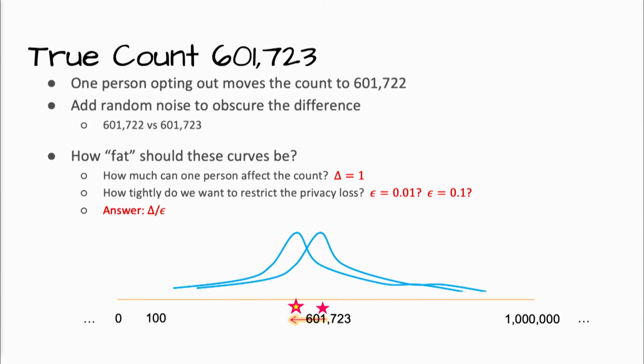So there's the sensitivity in the numerator: bigger numerator, fatter curve. If I want very, very good privacy, then epsilon gets smaller, and there's epsilon sitting in the denominator. So small epsilon, again, blows up the standard deviation and makes the curve fat. So everything's sort of in the right place.